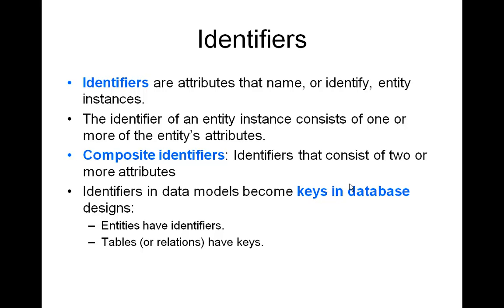The identifiers in the model will become keys in the database design. An identifier is the attribute that identifies the other data, which will be the primary key or the candidate key in the design.